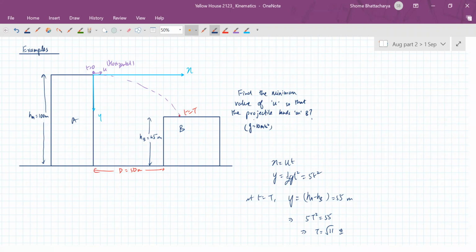Taking 3.3 afterwards makes the calculation a little easier. That's why I took 3.3.